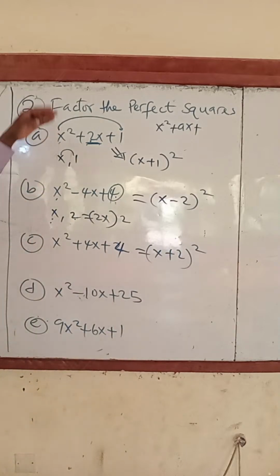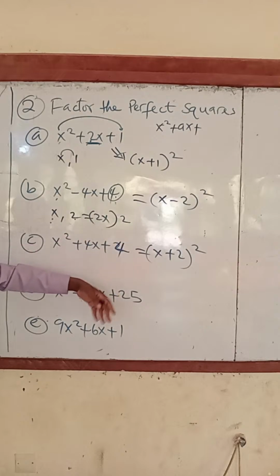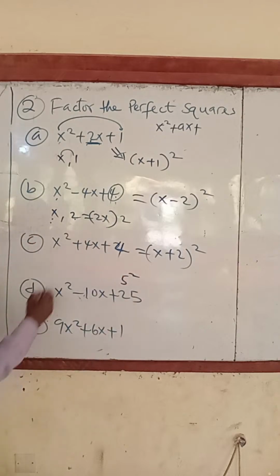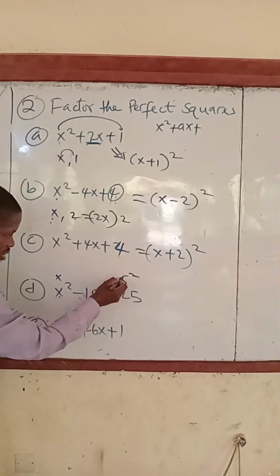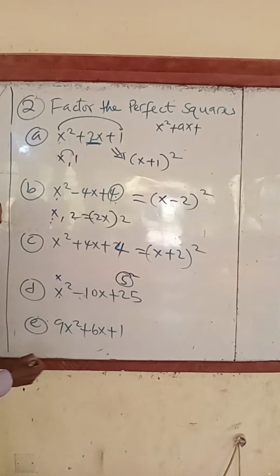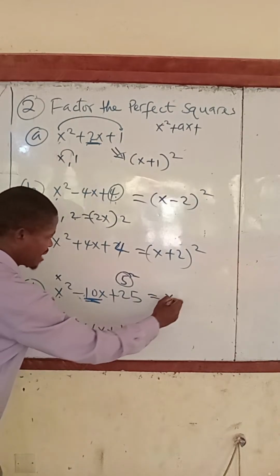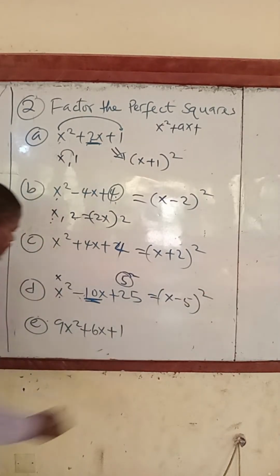Okay, you can watch the beginning of this segment. I've explained all this. The last one, this is 5 squared. This is x. This is a multiple. So this one times this one, that's 5x times 2, making this. So this will be equal to x minus 5 squared.